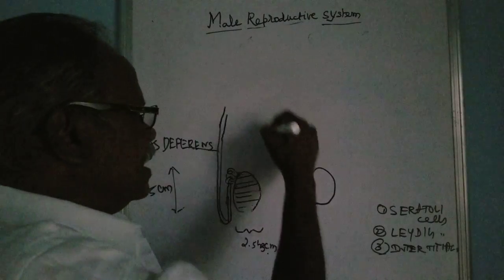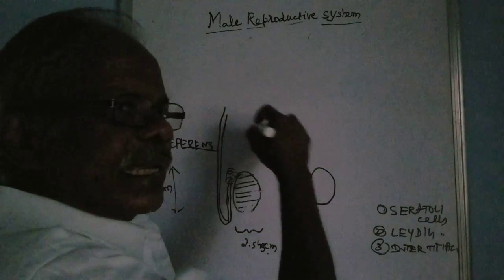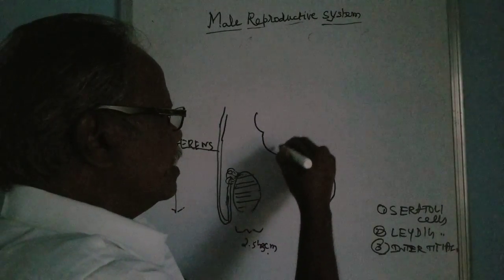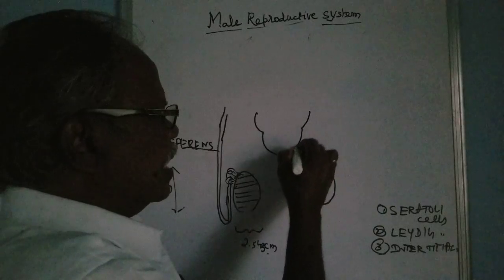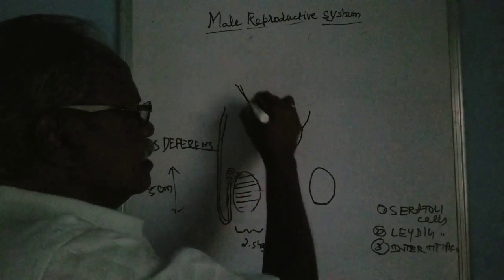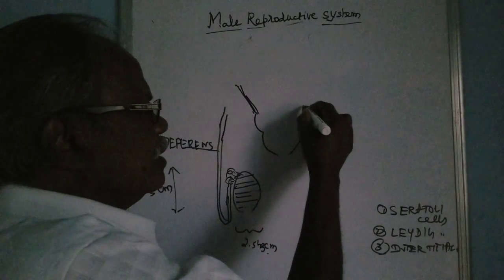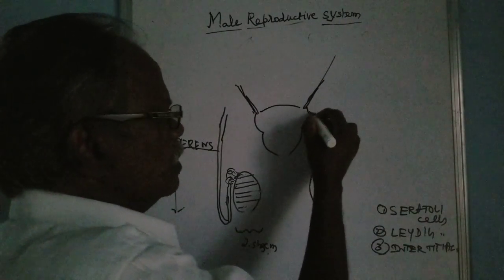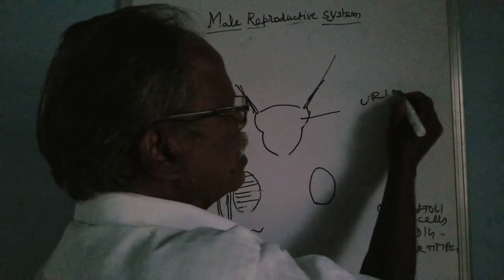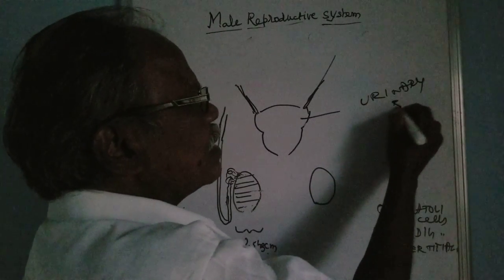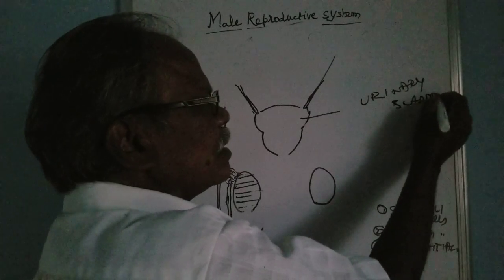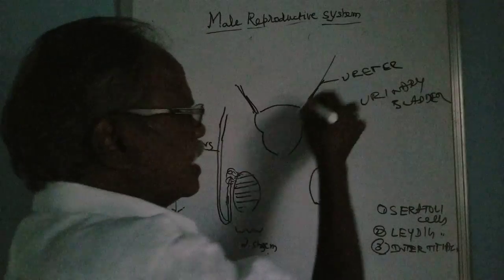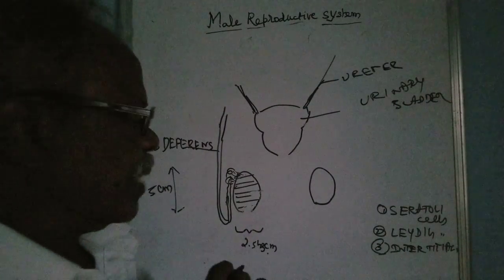ascends and then descends again. Here we can see the urinary bladder, and this is the ureter, which links with the urinary bladder.